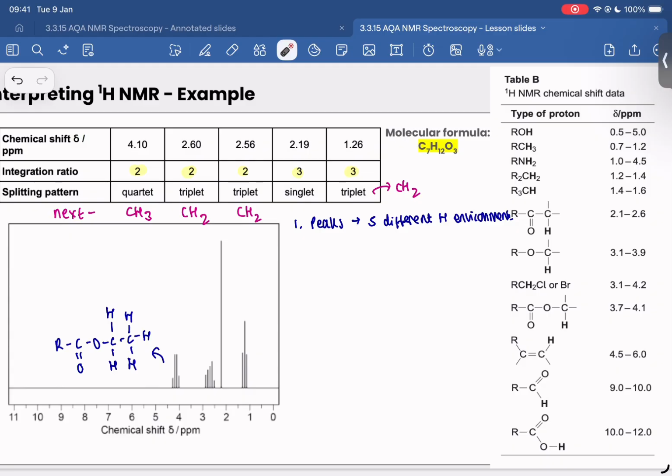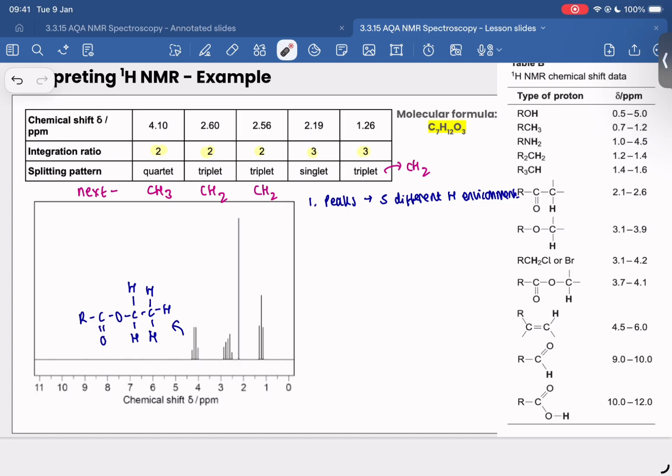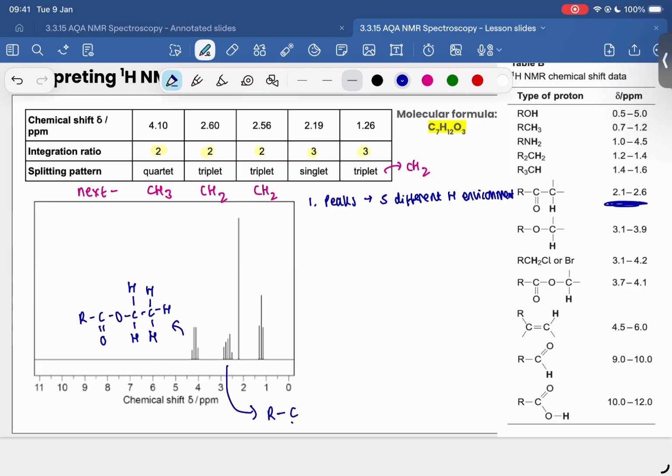And now I'm going to move on to the next peak, which is 2.60. Looking at 2.60, that looks like it might be this peak over here, the 2.1 to 2.6 structure. Let me just write this out smaller. So this is a 2.1 to 2.6. I'm going to write that down over here.